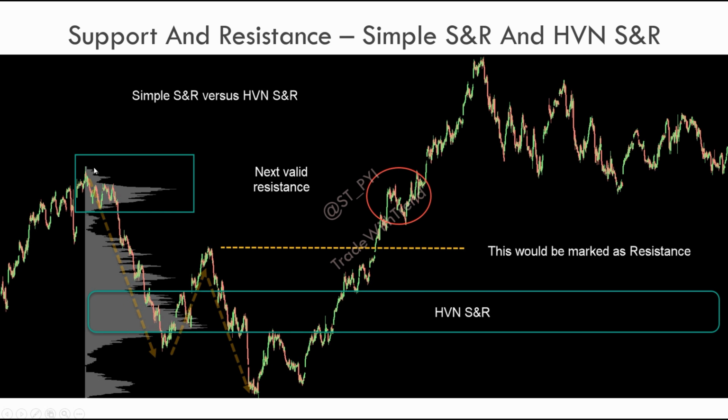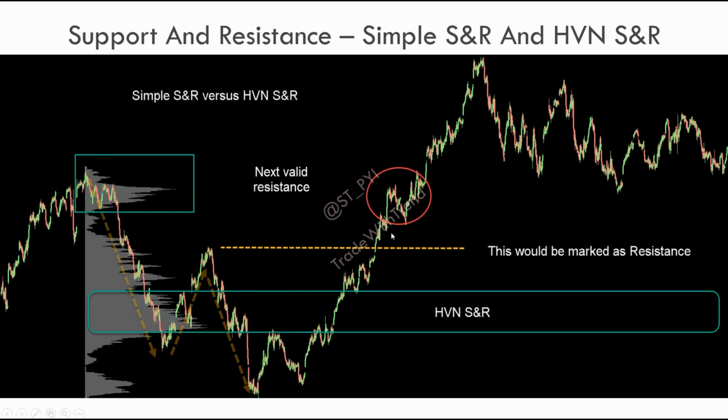Now, in case we don't have all of this on the chart and we just follow the traditional method without the range marking and without Fibonacci, instead of marking this as a support or resistance region, you would have simply taken this swing high and drawn a line, and this would have become your resistance. This is not wrong, but I hope till now you have seen why there is a better way, both on the traditional method basis and this high volume node basis, to mark out high probability support and resistance levels.